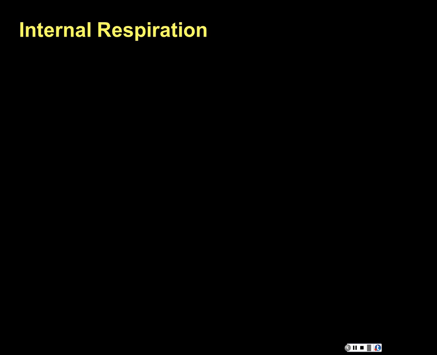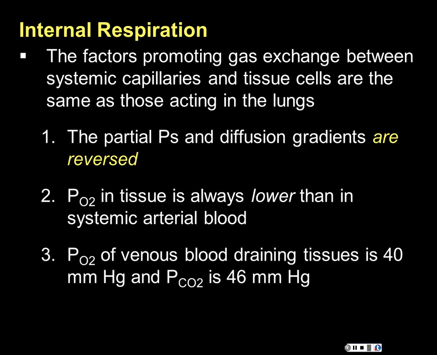They're switched. So the oxygen moves from the blood into a tissue, and carbon dioxide moves from the tissue back into the blood. Okay, so they're just reversed. The values are the same, still about 60 millimeters of mercury for the oxygen gradient, and about 6 millimeters of mercury for carbon dioxide.